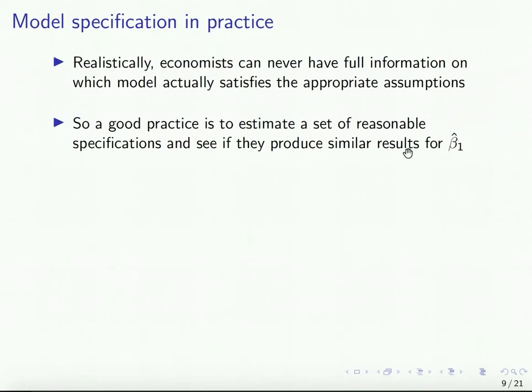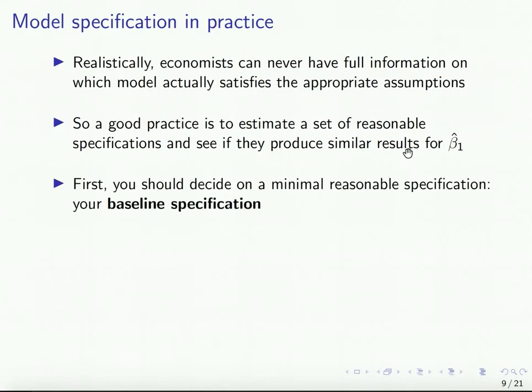That is, you're going to run in Stata or in any other software several regressions in which your main independent variable of interest is going to be the same, say schooling or whatever it is that you care about and its impact on Y. And you're going to change the control variables that you use.